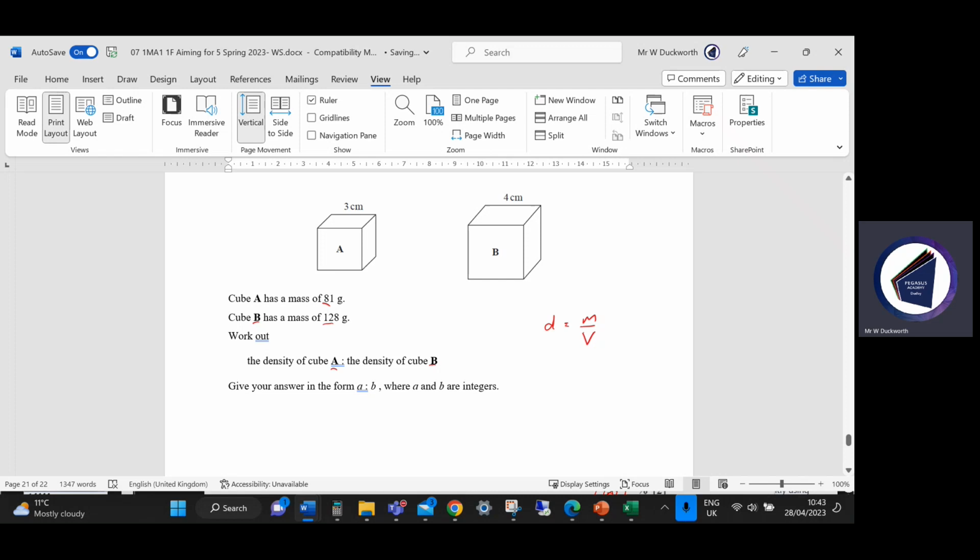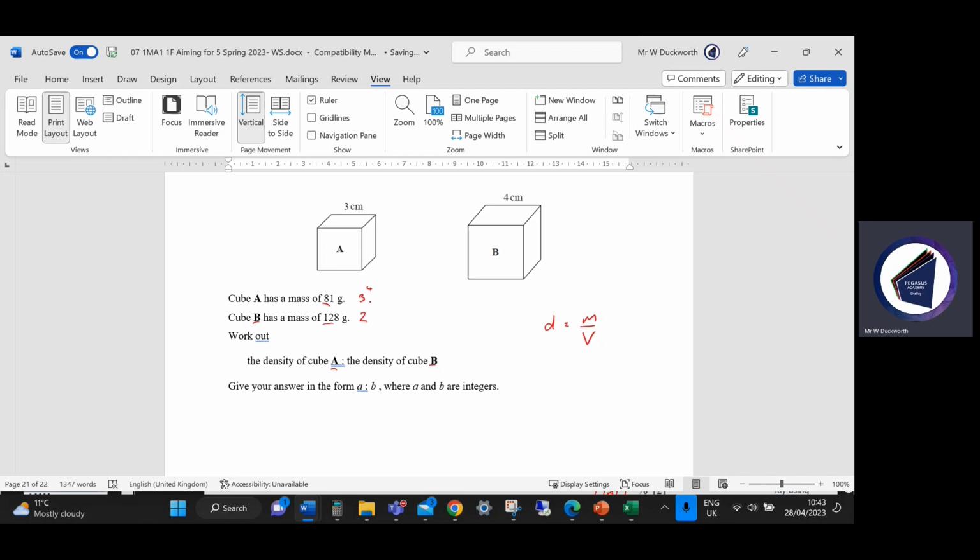I'm going to kind of cheat a little bit as I do this. So let me just look at 81. 81 is 9 times 9, so it is 3 to the power 4. 128 is 2 times 64, which is, 64, 32, 16, 8, 4.